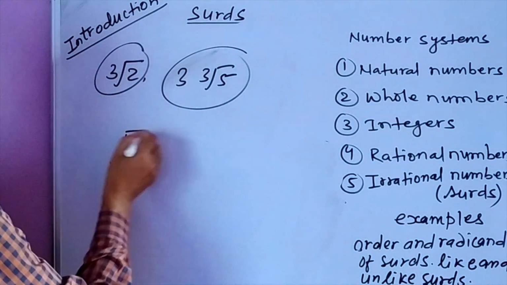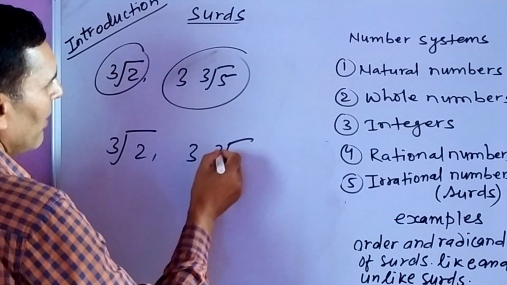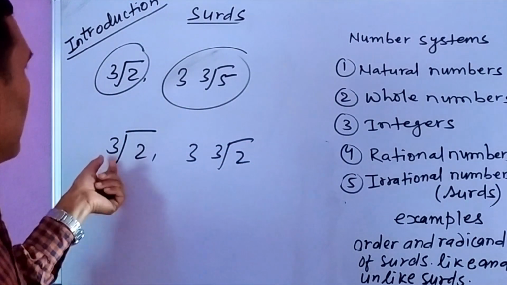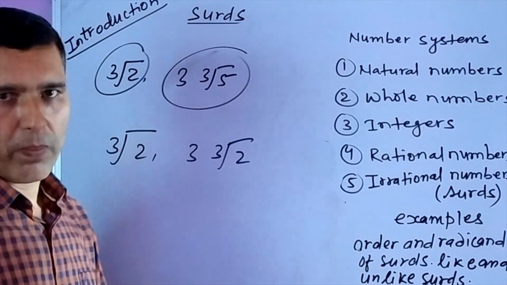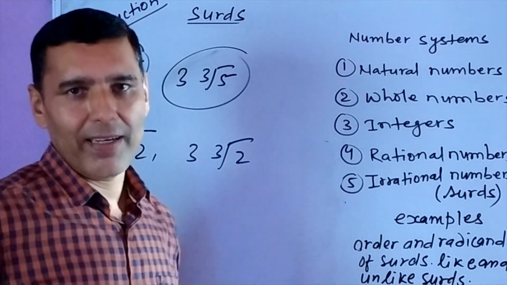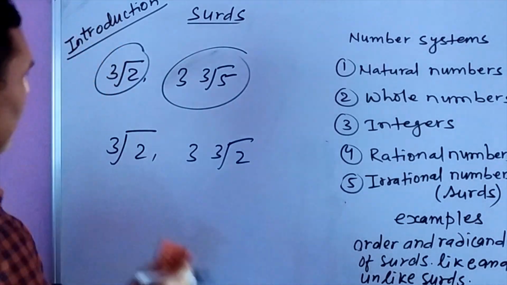And surds like cube root of 2 and 3 times cube root of 2. Now look at these two surds. They have the same order, 3 and 3, and the same radicand, 2 and 2. Such surds having the same order as well as radicand are known as like surds.